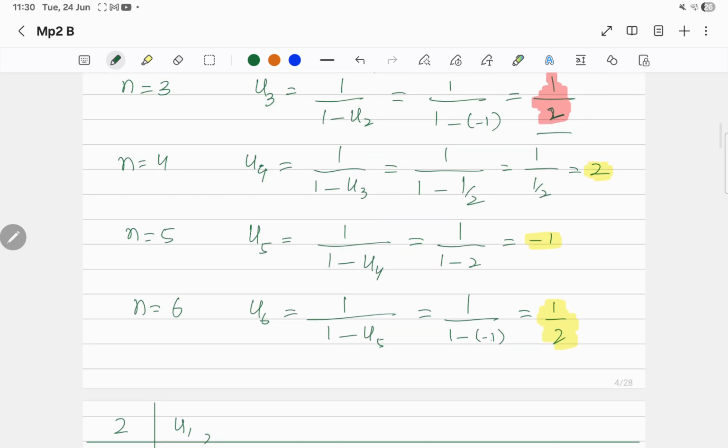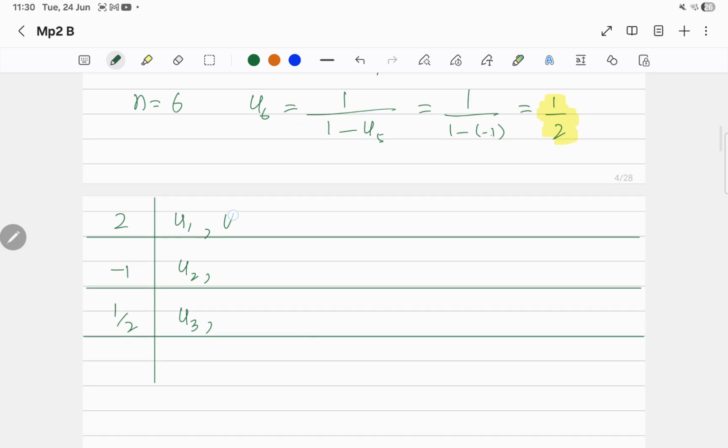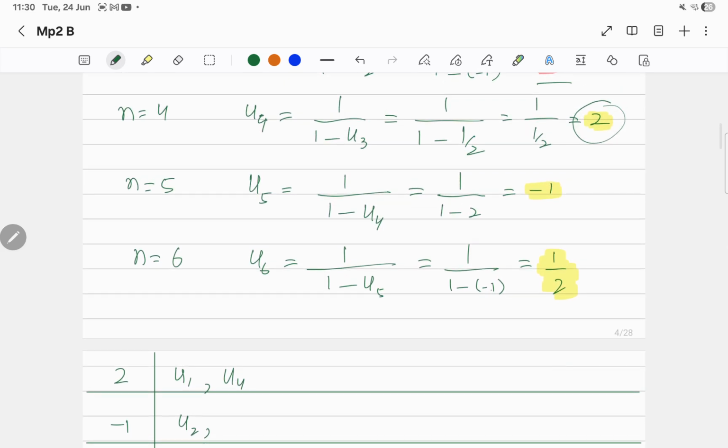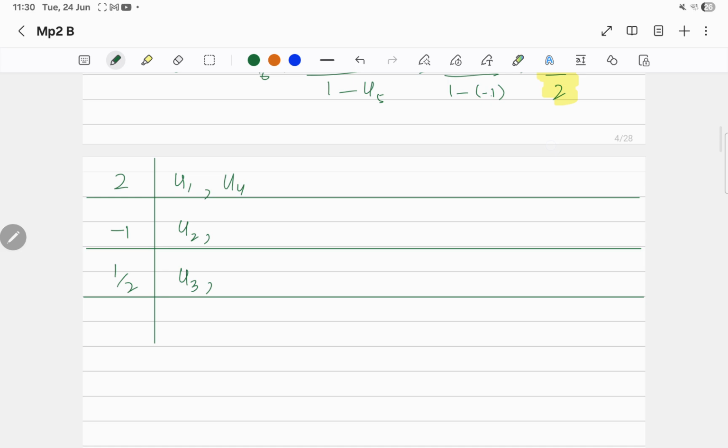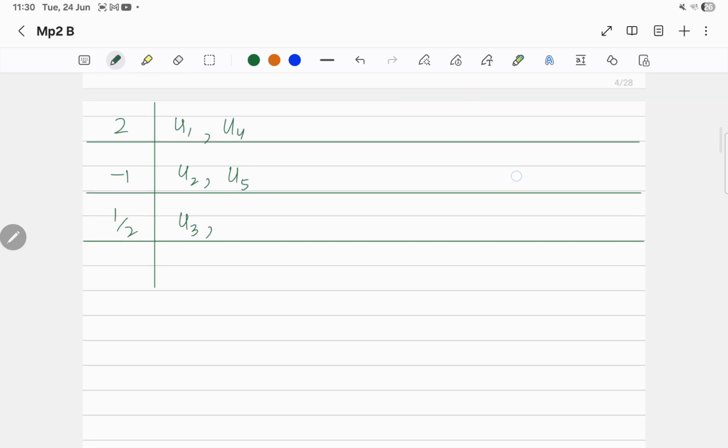So if you check the value of u4 again, it is 2, u5 is minus 1, and u6 is half again.